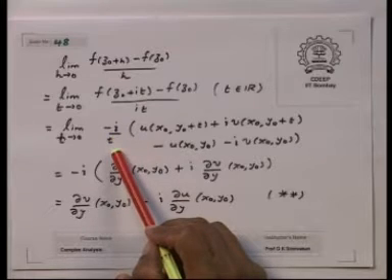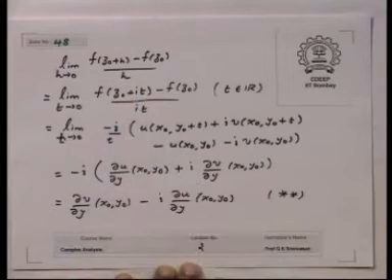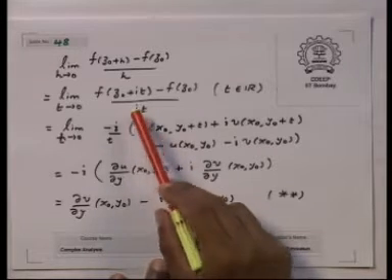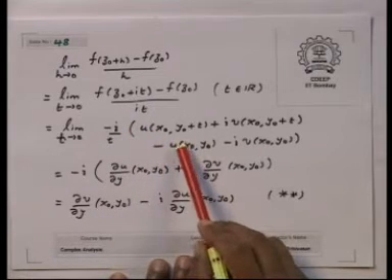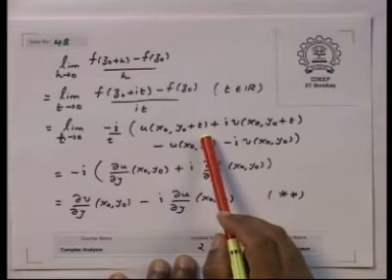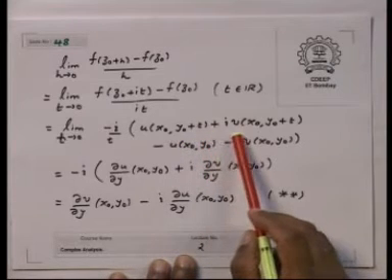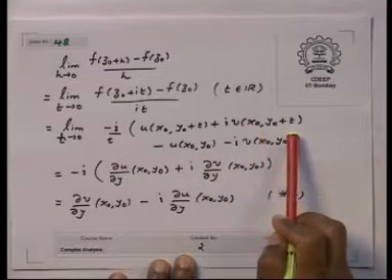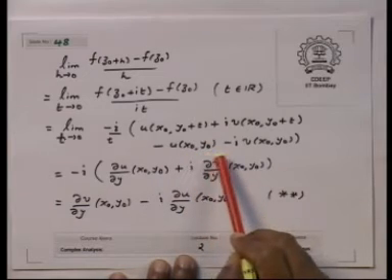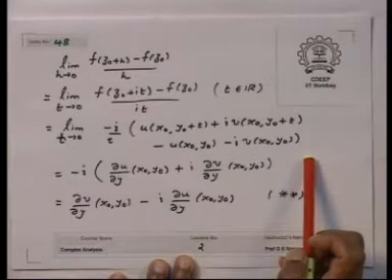So minus i by t, f of z naught plus i t. It will be u of x naught comma y naught plus t plus i times v of x naught comma y naught plus t minus u of x naught y naught minus i v of x naught y naught.